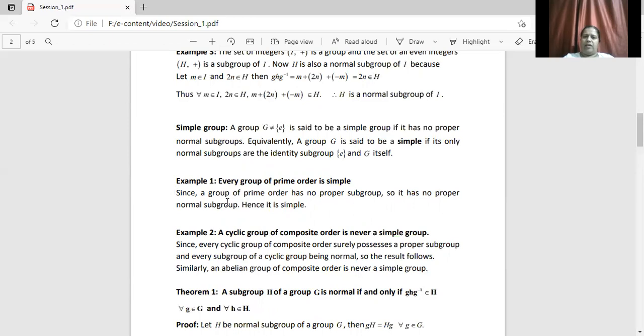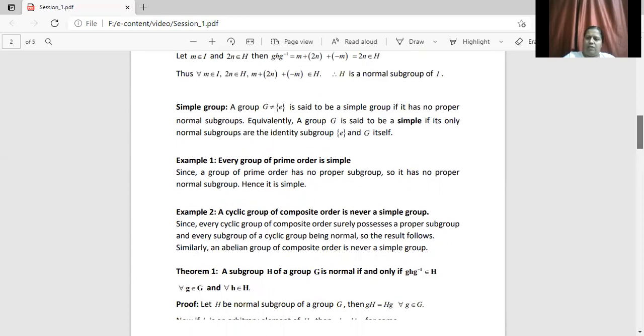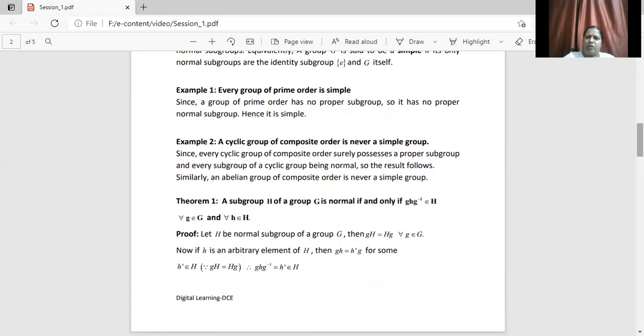For example, every group of prime order is simple. When we take a group of prime order, then that group is a simple group. Since a group of prime order has no proper subgroups, that means it has only improper subgroups, so it has no proper normal subgroup.